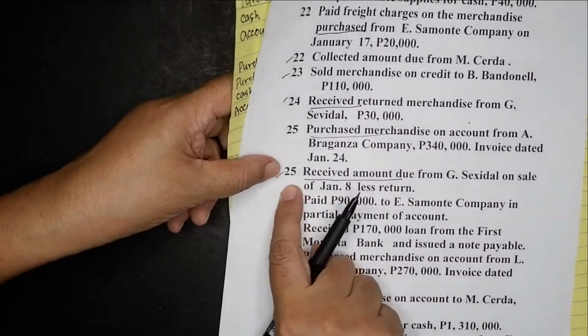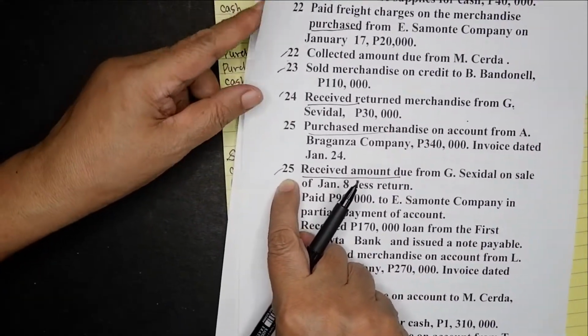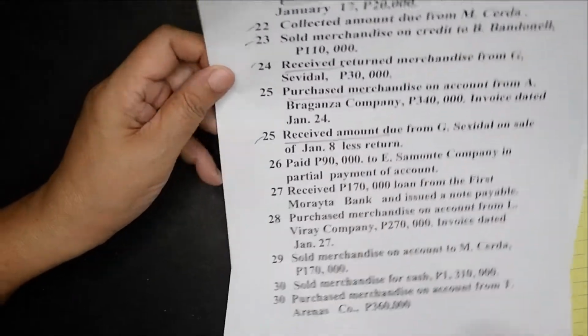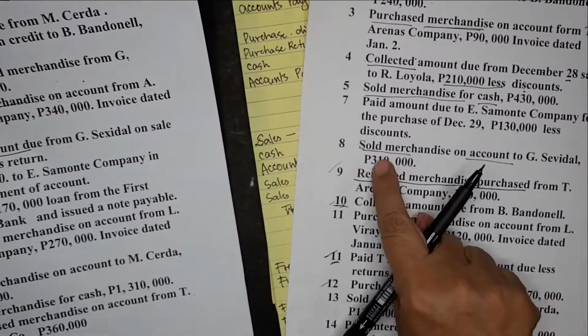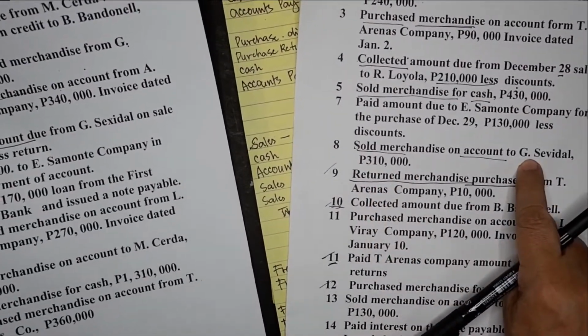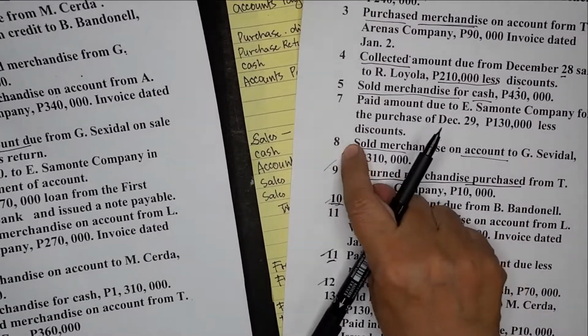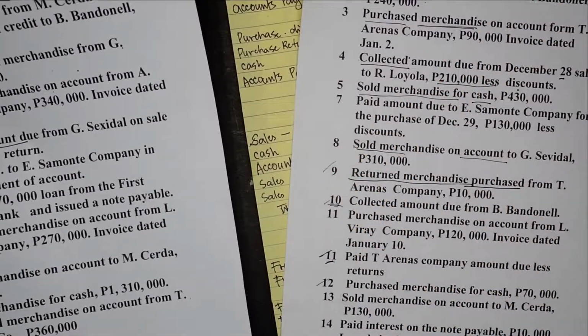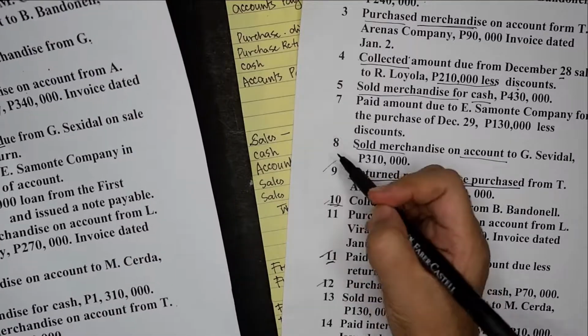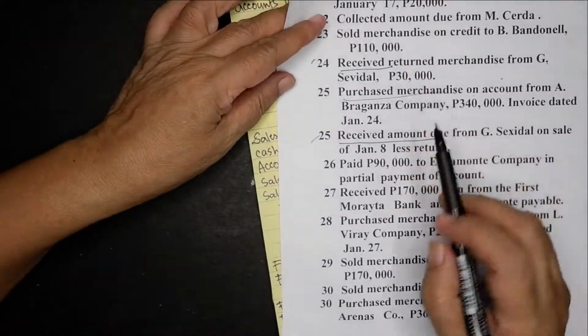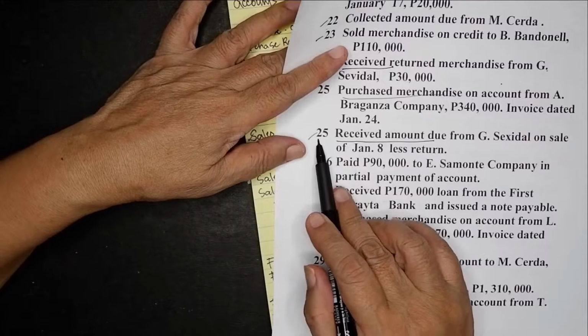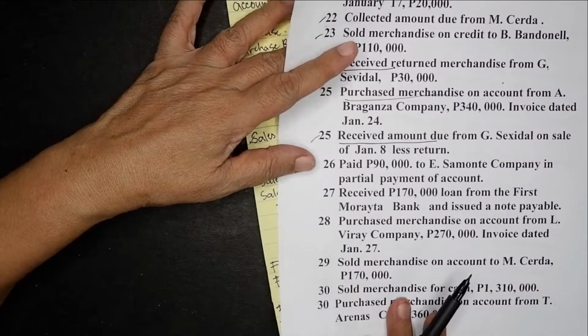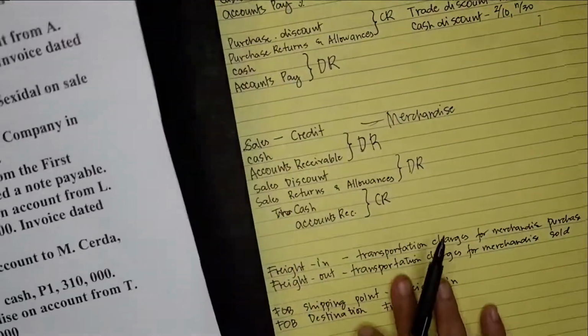So, today is January 25. It is a sale on January 8. Sold merchandise to GC Vidal, 310. January 8, 10 days, so that is 18. Plus 10, 18. It is already January 25. It means we cannot give them discount anymore.